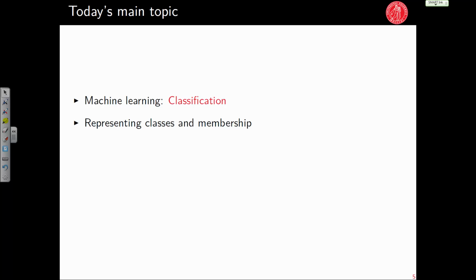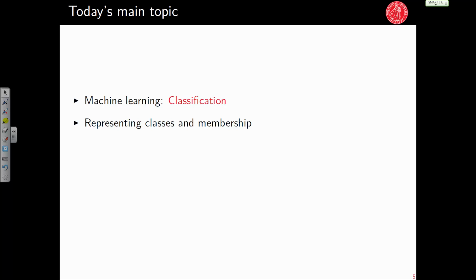Then we'll look more closely at how to represent classes in a vector space model again. So far we worked with words, single data points. Now we're working with classes, a collection of points. How do we represent them in a vector space model?